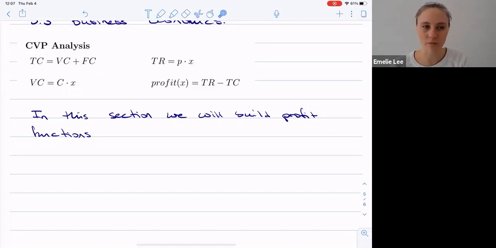What's my profit? Well, my profit is going to be 20 times 10 minus the cost to make them, which is my variable cost and my fixed cost. So here, this is just my variable cost, but I also need to take into account my fixed cost.